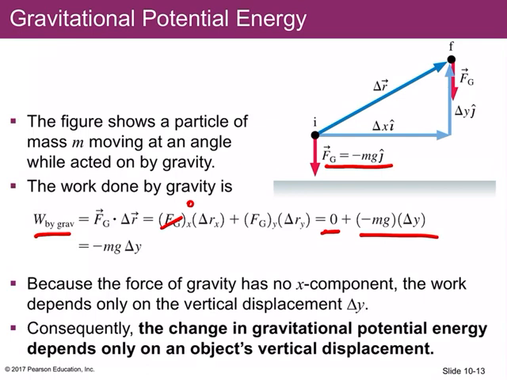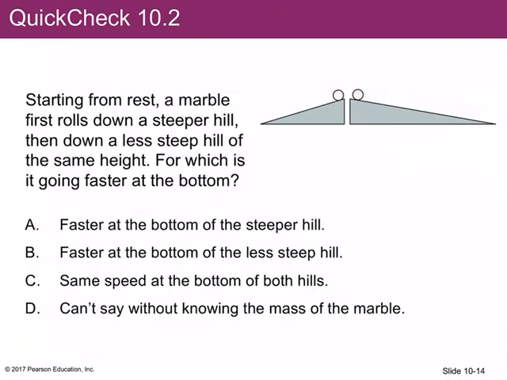So because the force of gravity has no x component, the work depends only on the vertical displacement. It has to be going in the same direction, parallel to whatever force you are applying to it. And that's basically what it's stating in this, that the change in gravitational potential energy only depends on the vertical displacement.